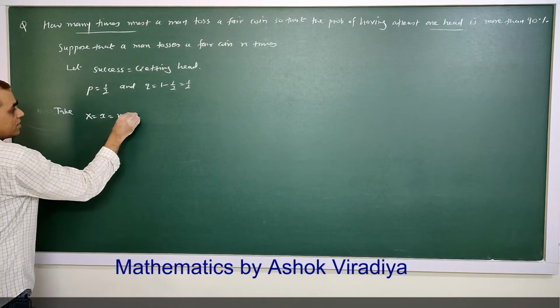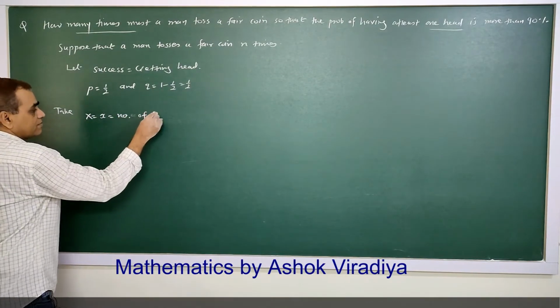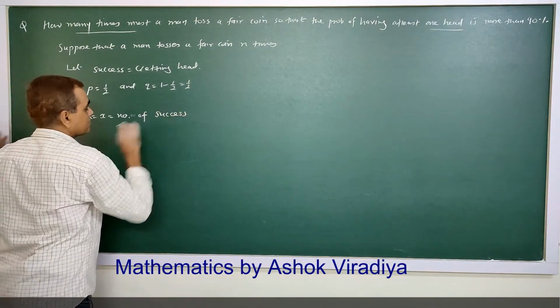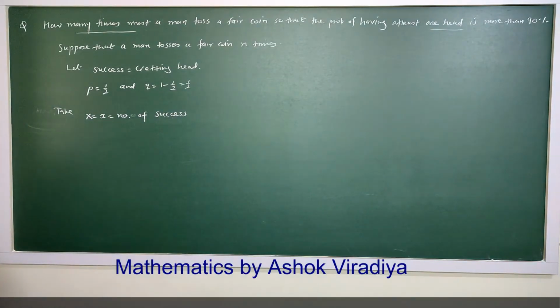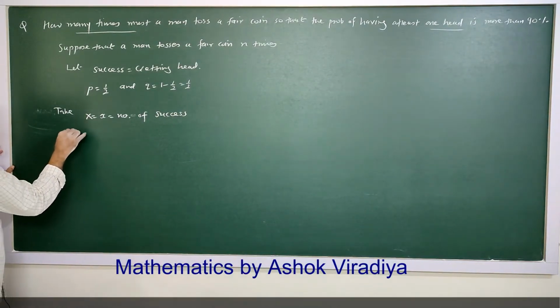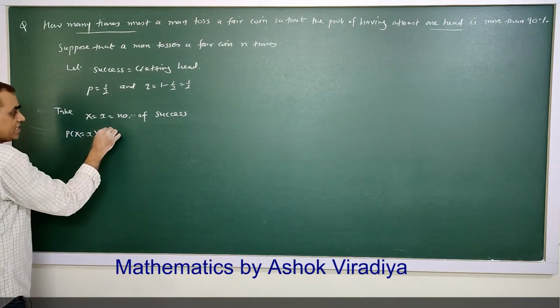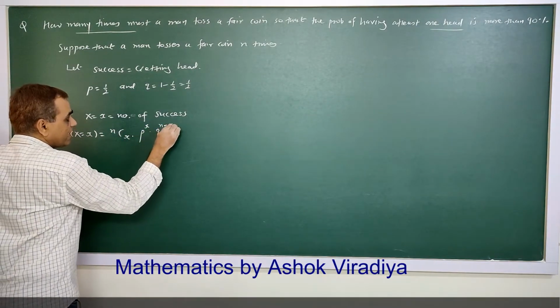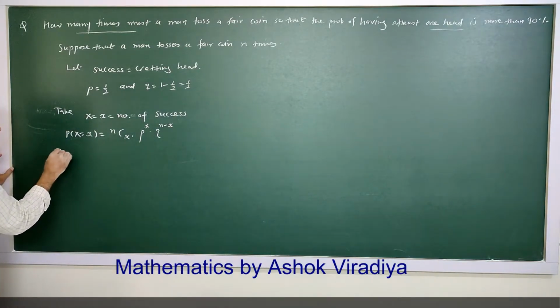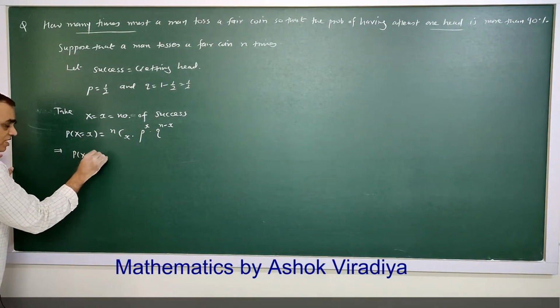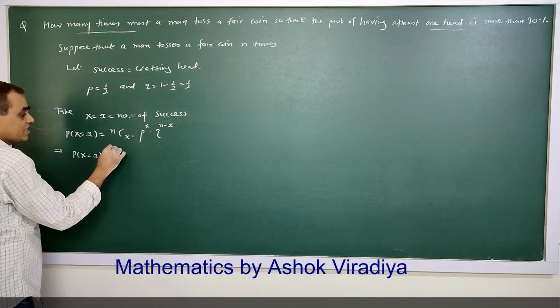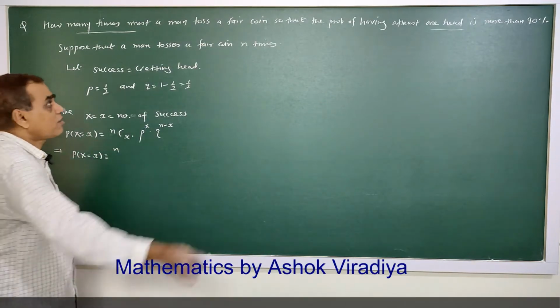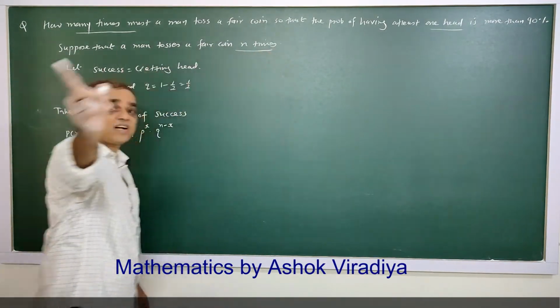We take X as the number of successes. So the probability that X takes value x is nCx p raised to x, q raised to n minus x. The man tosses a fair coin n times, so the number of trials is n.